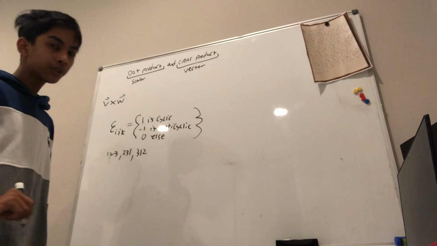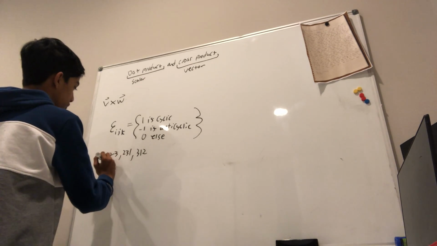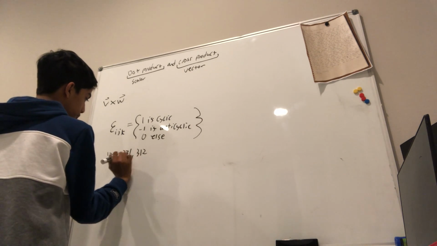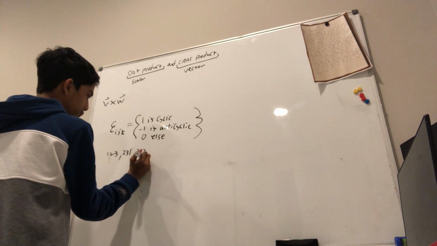So you can notice that if you start at 1, it goes up to 2, then to 3. And if we start at 2, it goes to 3, then 1, and so on.